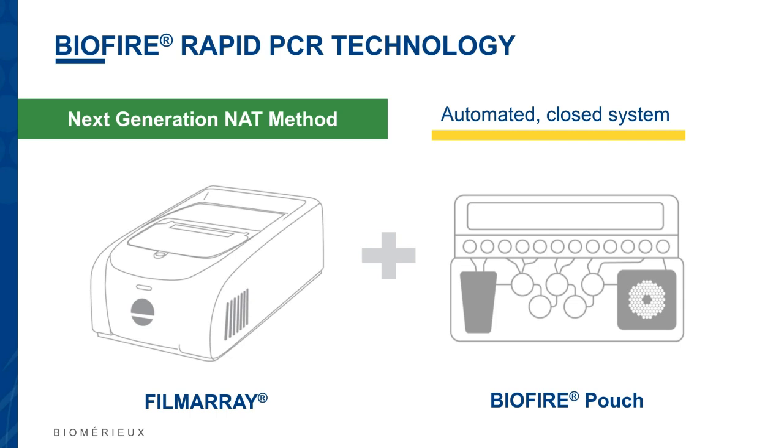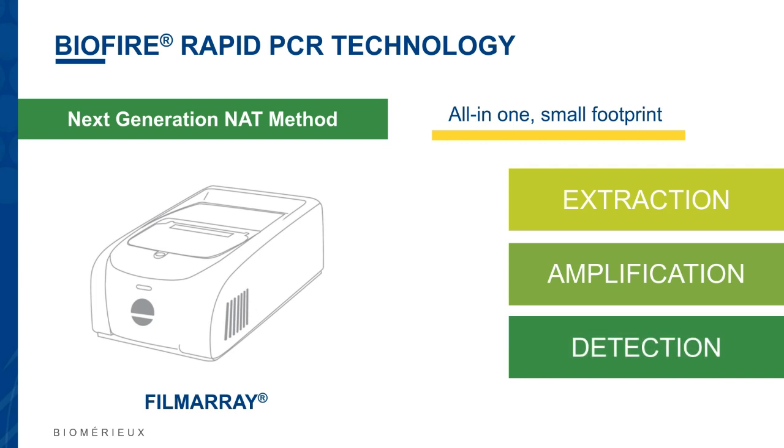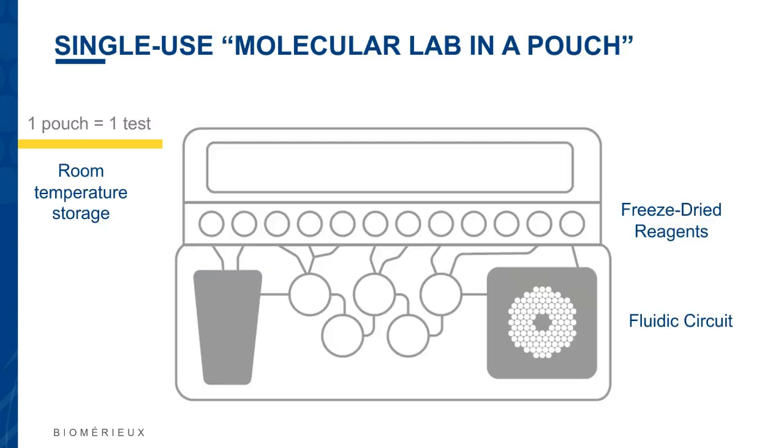This is automated and it's a closed system. In the pouch you can have all the different steps to run this assay, from the extraction of the nucleic acids to amplification and detection. So all in one in a very small footprint.